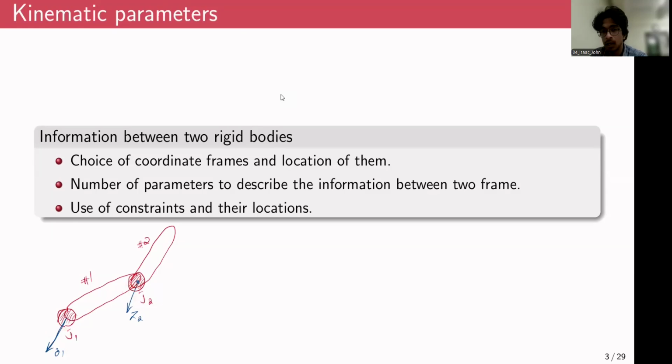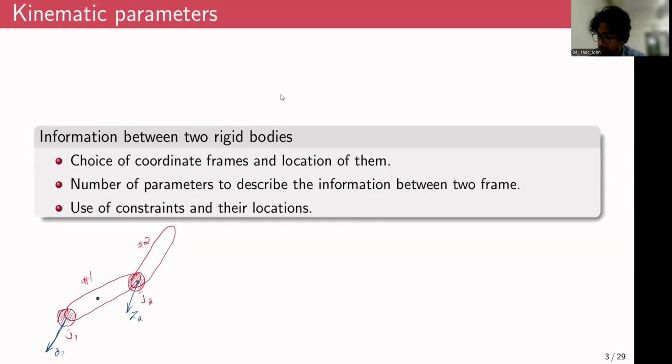So in rigid body kinematics, we basically map the information between any of these two links using frames of reference attached to the robotic links.